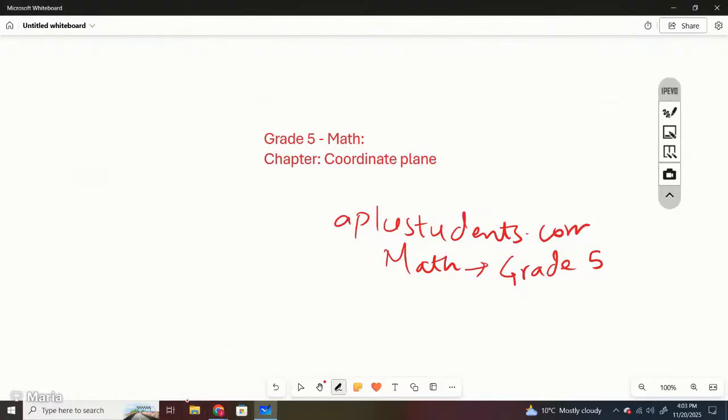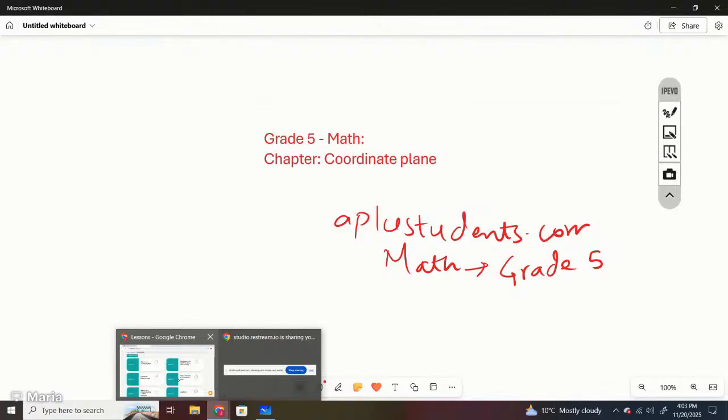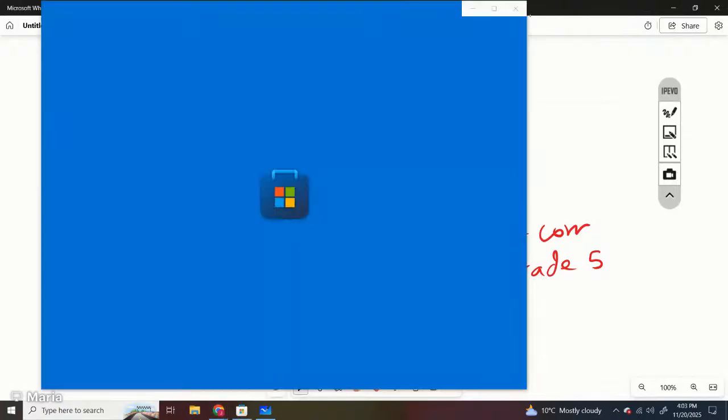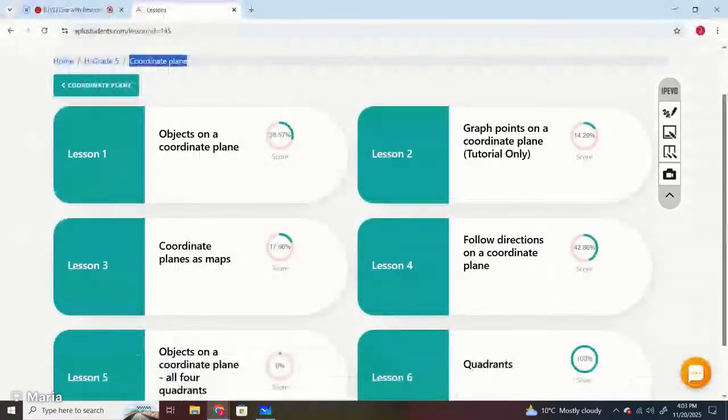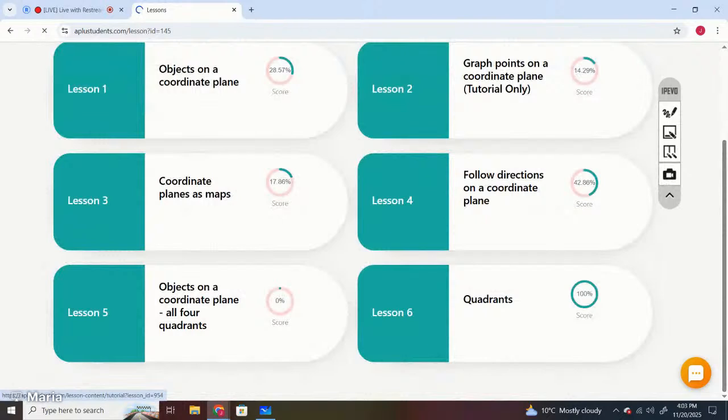Here I'm on the chapter coordinate plane. Let's just start with the lesson. Follow directions on an object on the coordinate plane, all four quadrants.